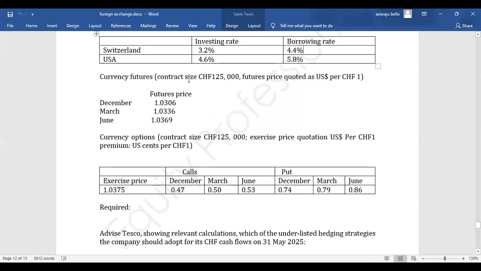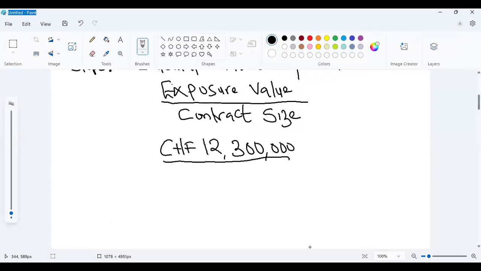Currency futures, contract size, CHF 125. That is the contract size. So pick your contract size, divided by the contract size, CHF 125. Please calculate number of contracts. 98.98. You didn't complete it. You have 98.4.